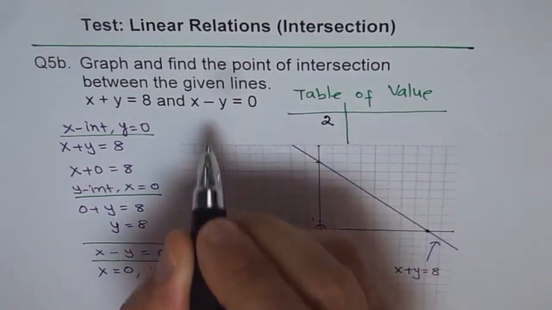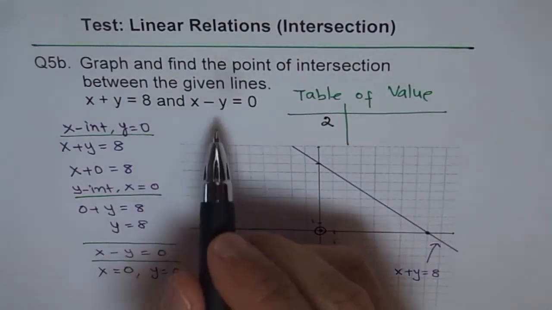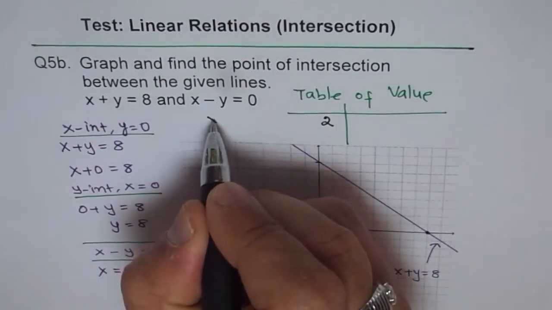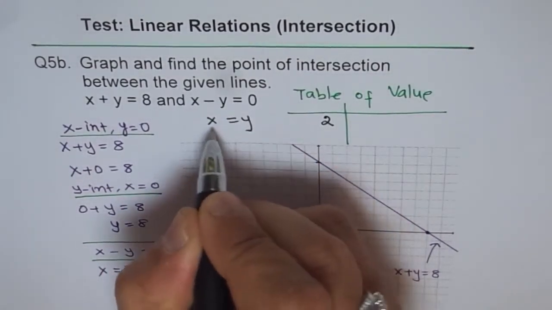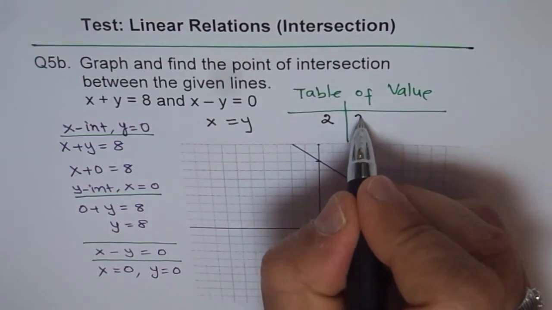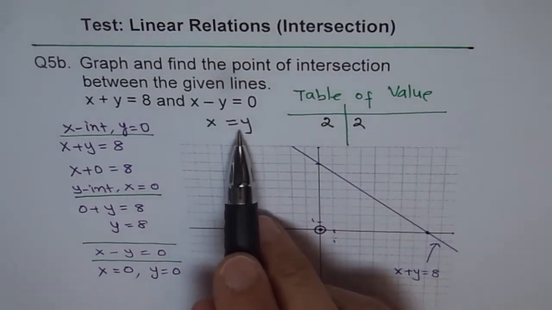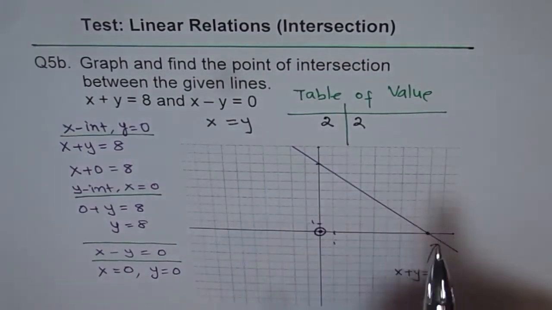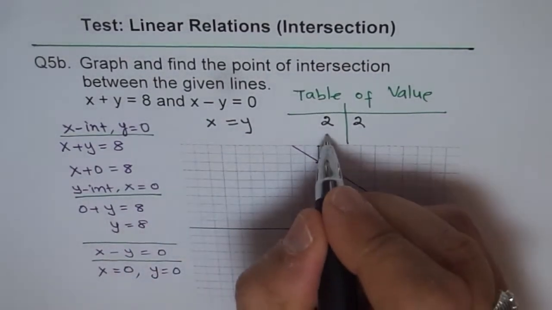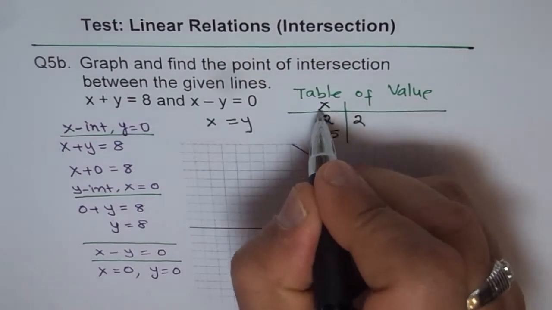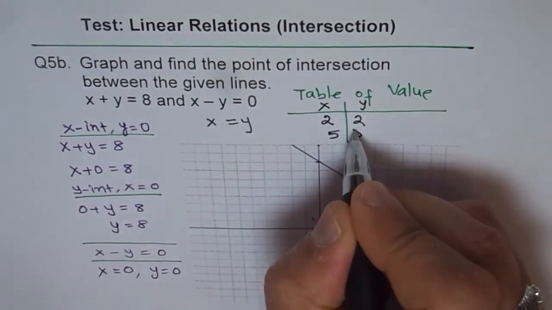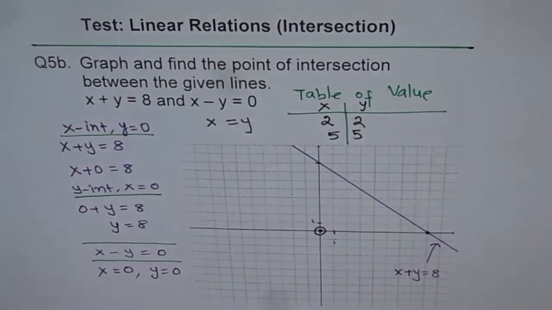If x is 2, what is y? We could rewrite this equation as x is equal to y, so y is also 2. So we already have one point, and we get another point using the table of values. You can find more points. If I put 5 for x, then y is also 5, correct? So we get a few more points like this.